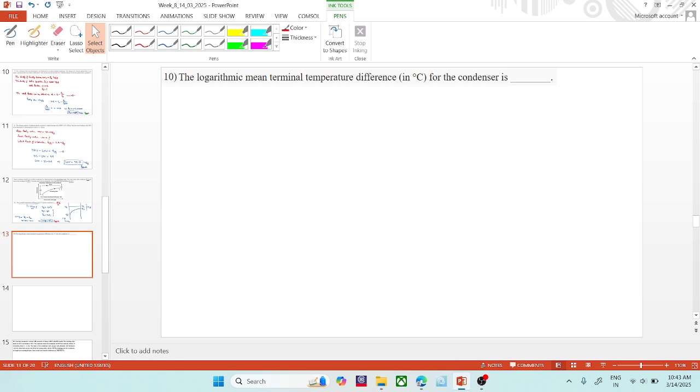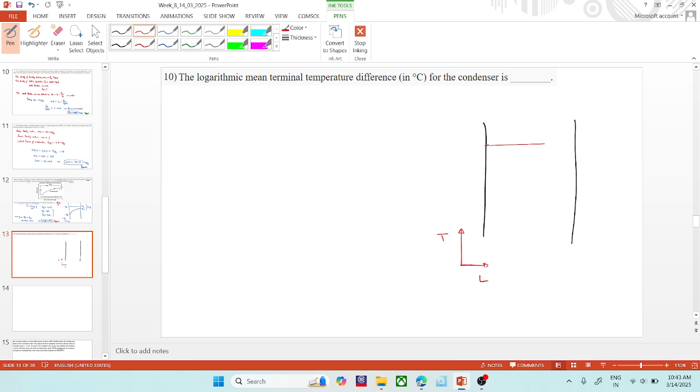For that, let me first draw the temperature profiles. Although we have done it in the last problem, no issue. Here again, these are the axes, temperature and length.